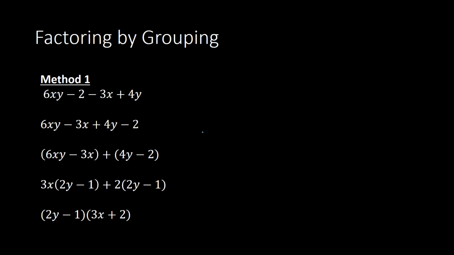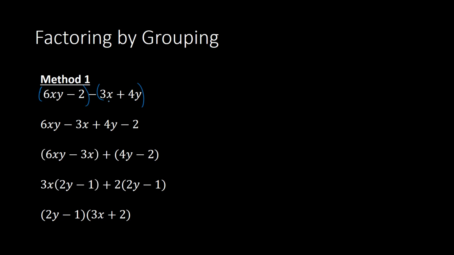Now I'd like to show you another method for doing the same factoring process to show you that you can factor different ways. We can group together the terms differently and get the same solution. So you might be asking, why could I not just group together the first two terms and the last two terms?